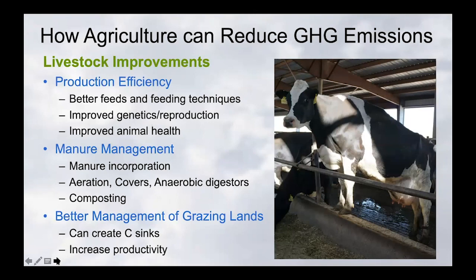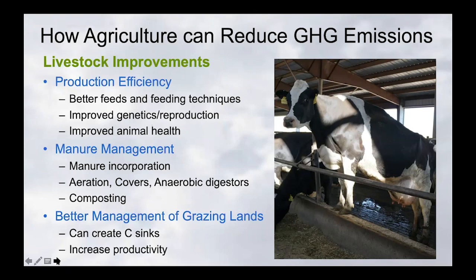Tannin helps bind that protein in the rumen so that they should be emitting less methane and losing less nitrogen in the urine and feces, so that more is available for the plant to absorb for meat production or milk production. Improving our genetics and reproductive health, our animal health.